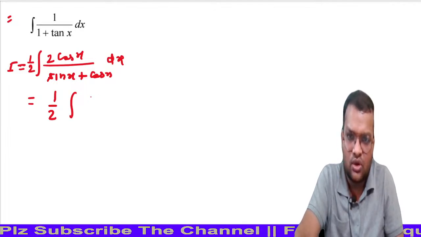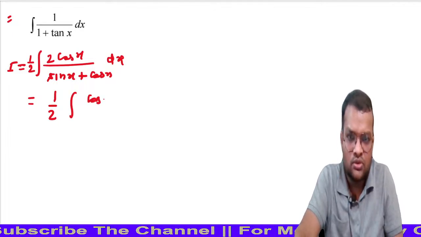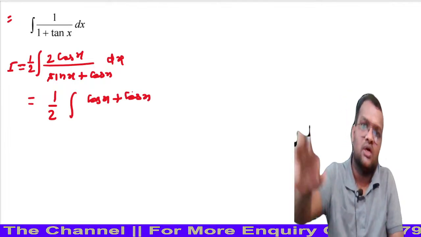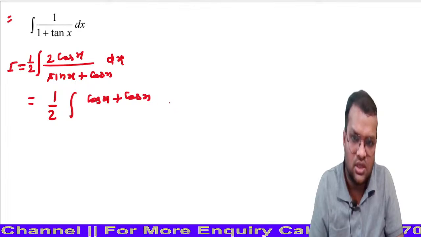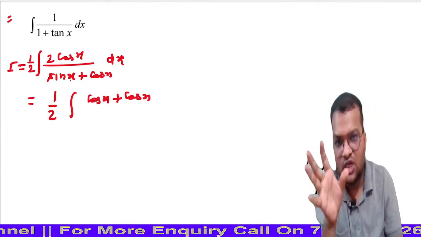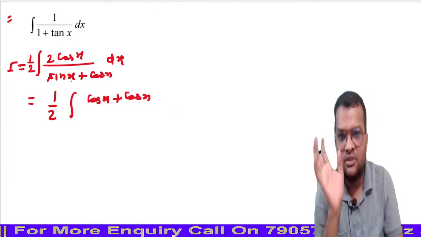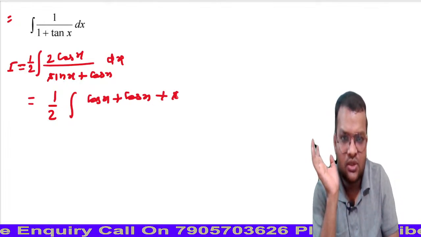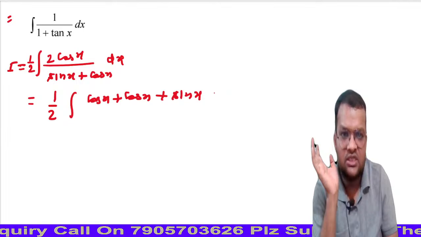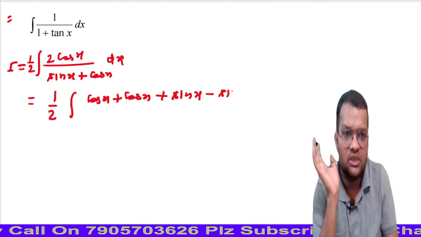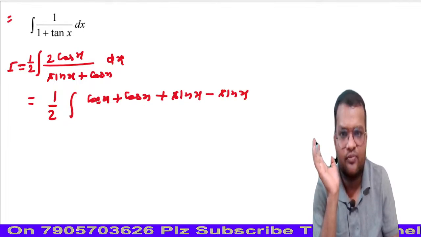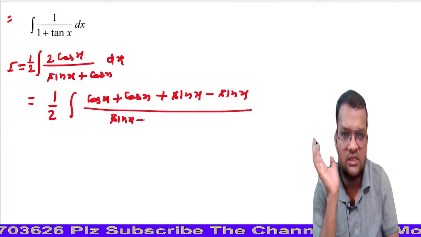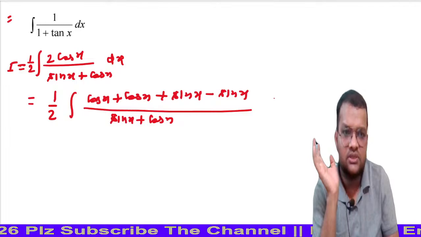Now you break the 2 cos x into cos x plus cos x. Now we need to make the denominator and numerator similar. So you need to add the sin x. When you add sin x, you have to subtract sin x also. Now it becomes sin x plus cos x dx.